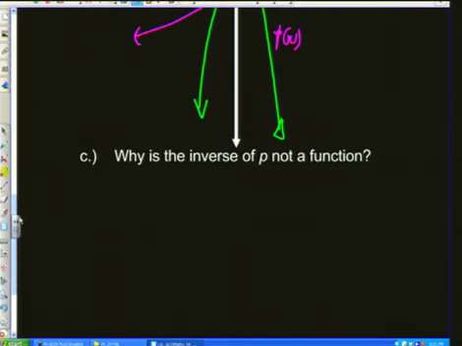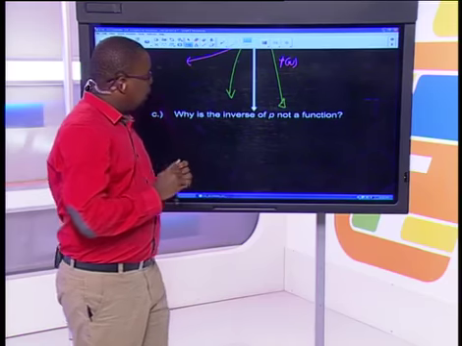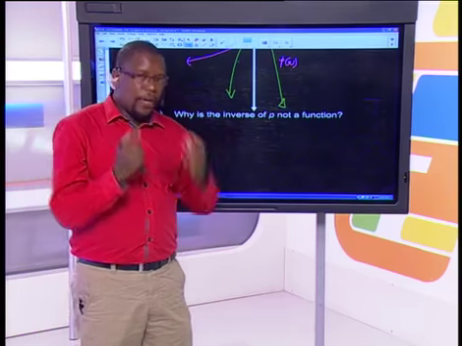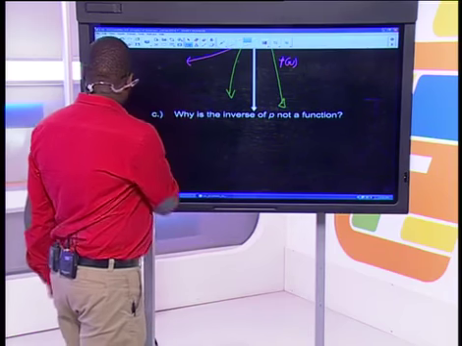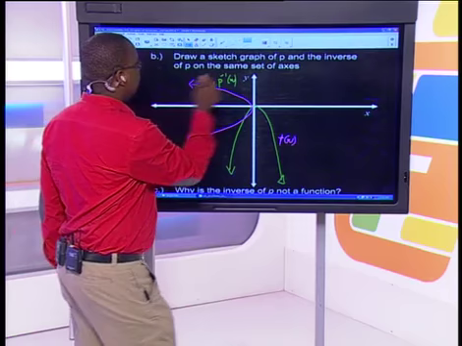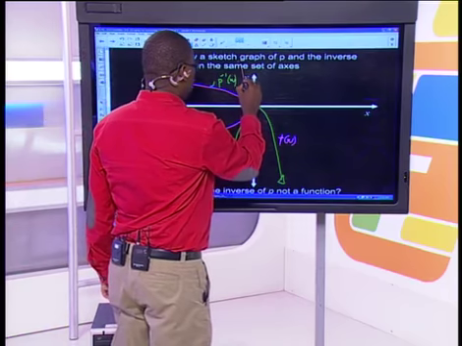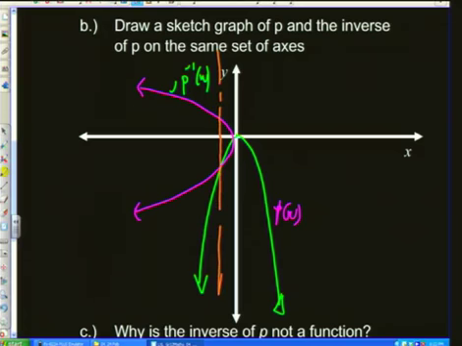Now, here's the next question. Why is the inverse of P not a function? Remember what we said last week: for a graph to be a function, it has to pass the vertical line test. If we look at this inverse, if I draw a vertical line and move my ruler, I'm meeting 2 y values for 1 x value.